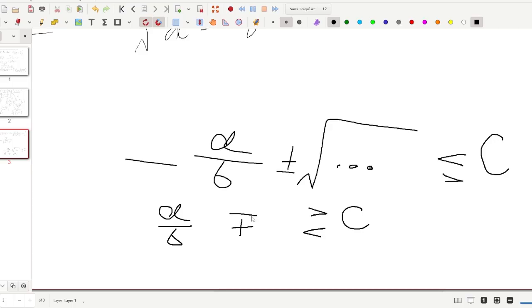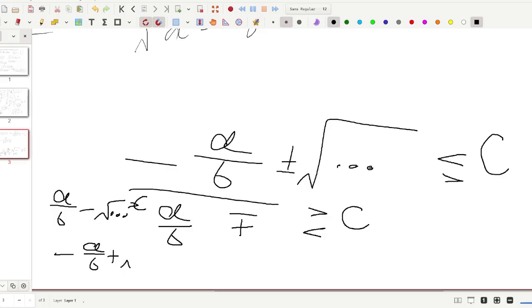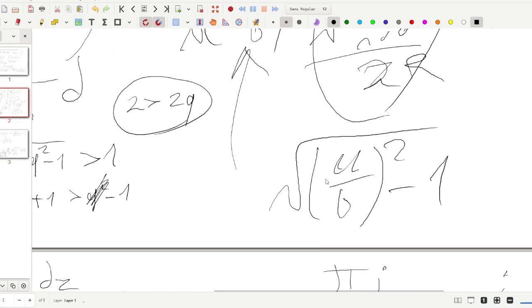So if a over b minus the root was greater than some c, then negative a over b plus this root is going to be less than c. And essentially what it does is it swaps the rooting.